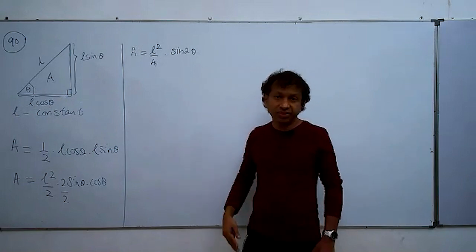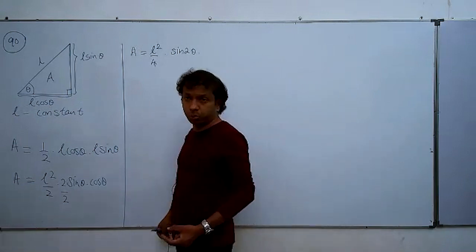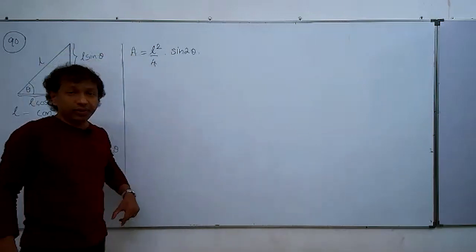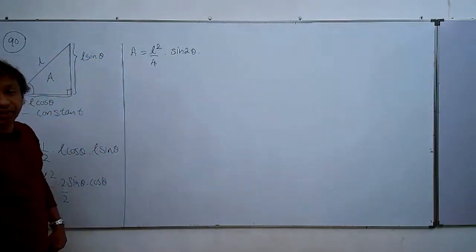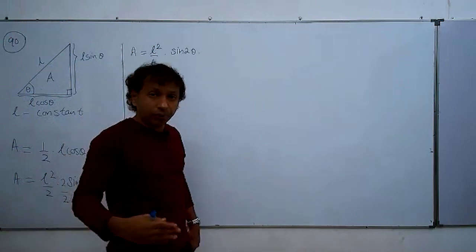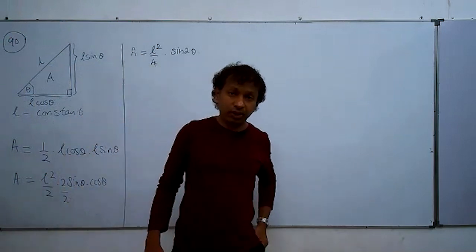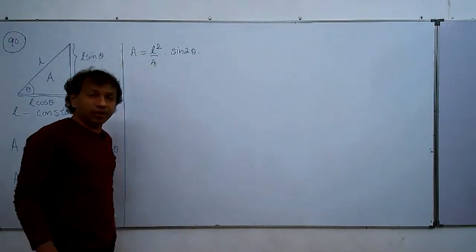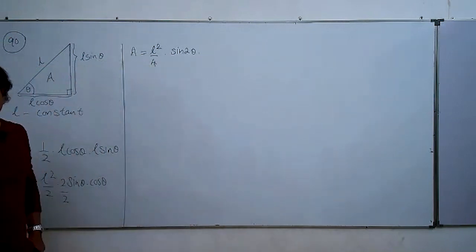Then after this, what we need to do? Since A is a function of theta, we can differentiate A with respect to theta, because at the maximum value of A or minimum value of A, the first derivative of A with respect to theta becomes 0. So this question comes under differentiation.